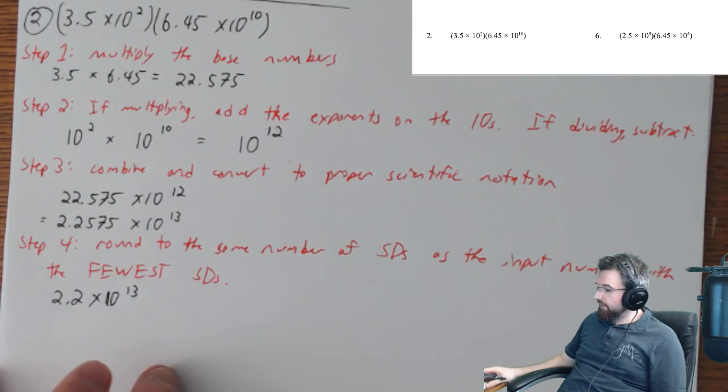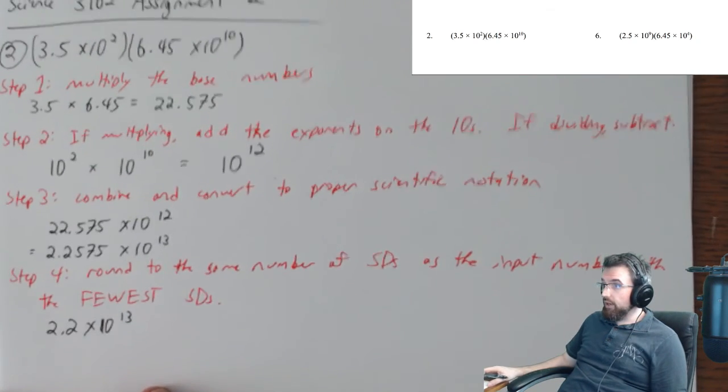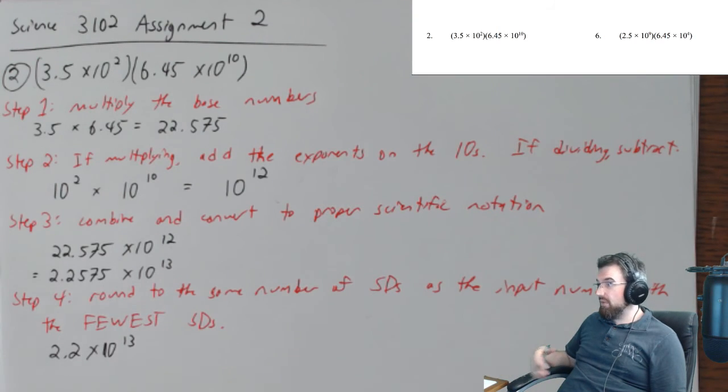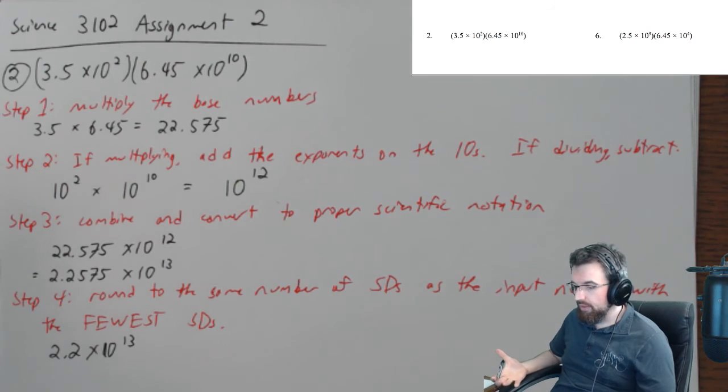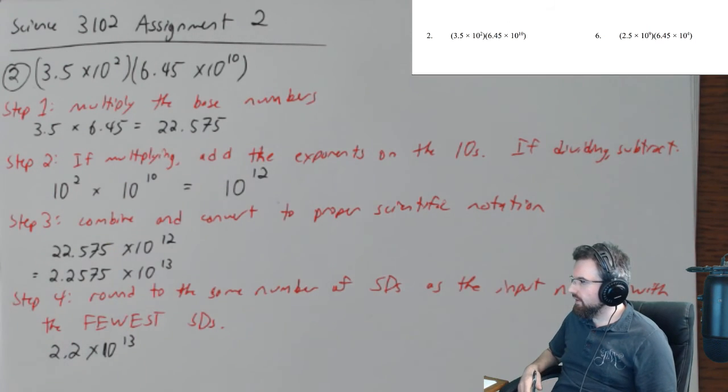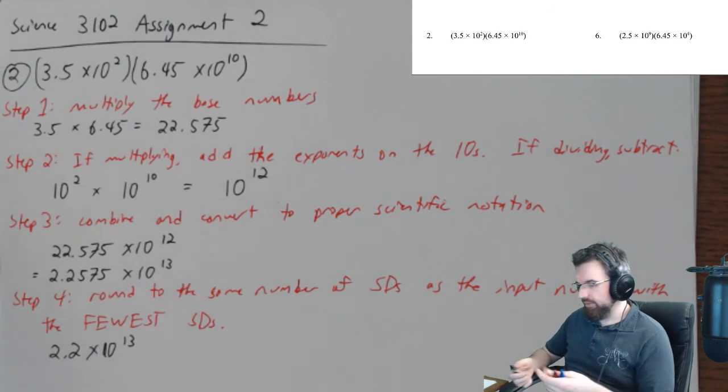Okay? And again, this is a way to do it no matter what your calculator is like. Some of them are a little more confusing with how they handle scientific notation than others. Granted, pretty well every calculator, except for maybe the most basic little one, is going to be able to handle scientific notation.